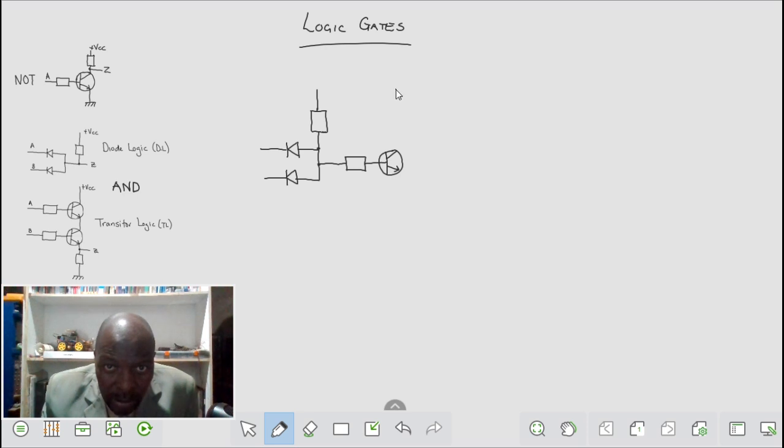So we're going to connect that there, and then we're going to ground that, and our output is taken here. We need a supply VCC here and a supply VCC, so we might as well make it one VCC.